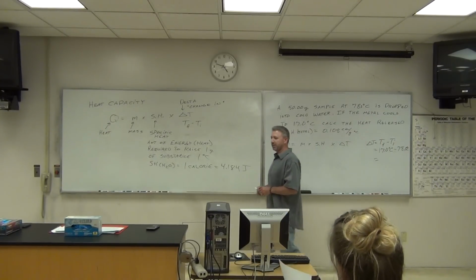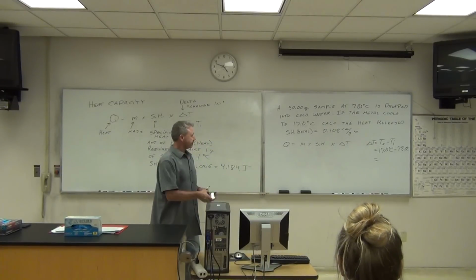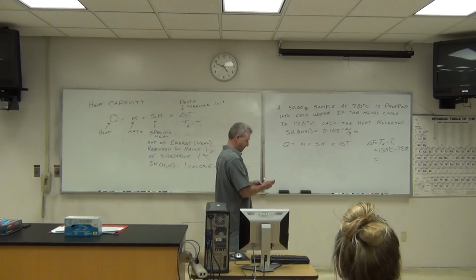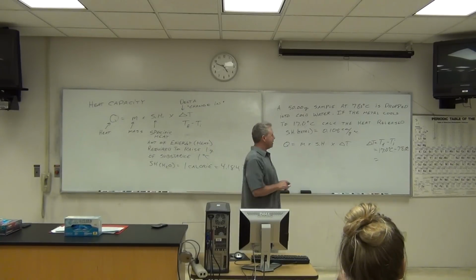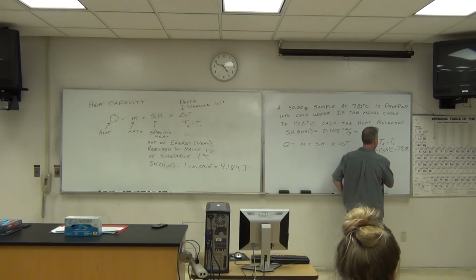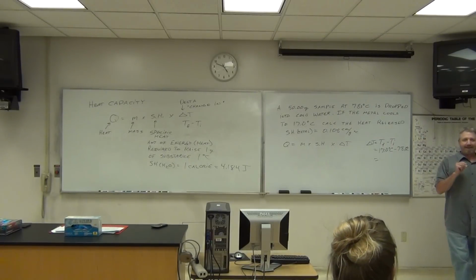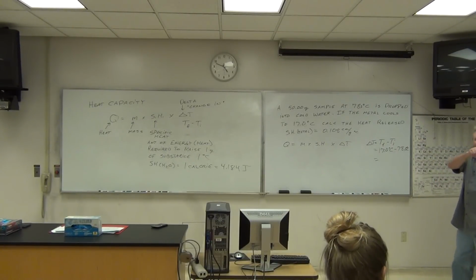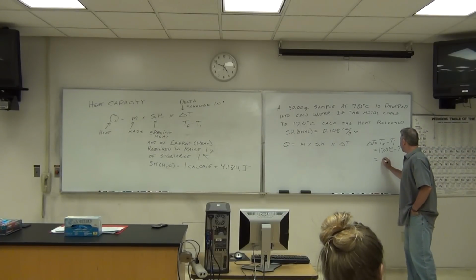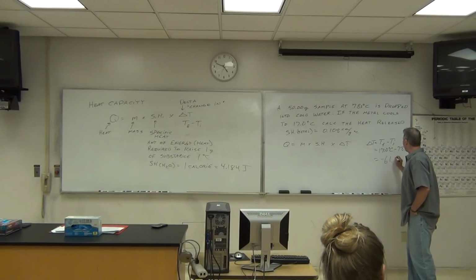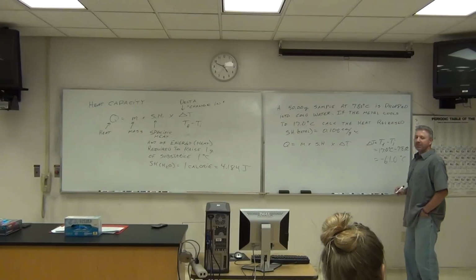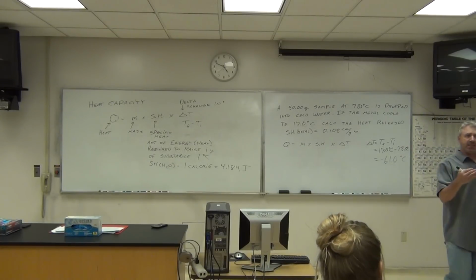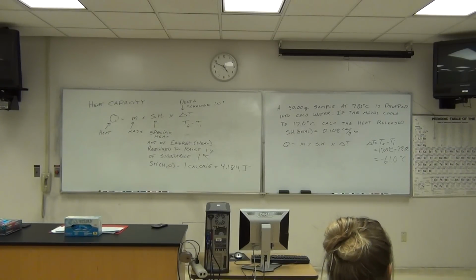That gives us a delta T of, what's the delta T? Yes, very good. It's negative 61.0 degrees Celsius.